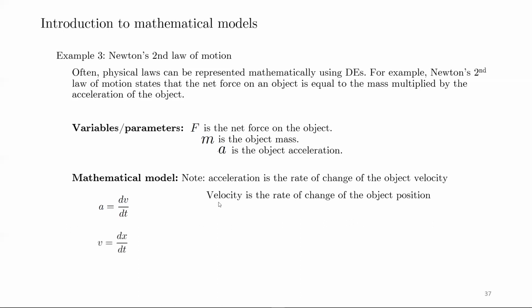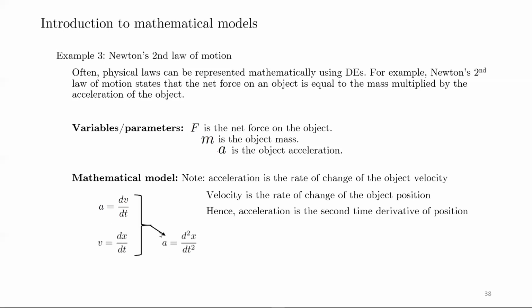Okay, so velocity is the rate of change of the object's position. So we have acceleration is equal to the time derivative of velocity, and velocity is equal to the time derivative of position. Therefore, acceleration is going to be the second derivative of the object's position. Okay, so acceleration is equal to the second time derivative of object position.